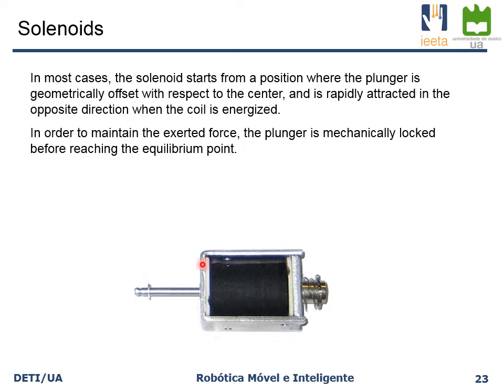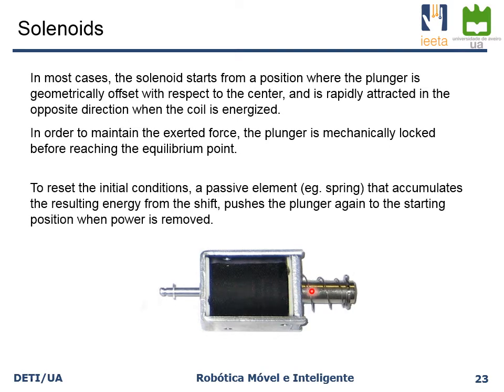The black part corresponds to the coil, which is wound around the center of the plunger. The plunger is this larger cylinder here, and whenever you apply the current, a force is exerted through the plunger, and it moves in, and then it's stopped before it reaches an equilibrium point.